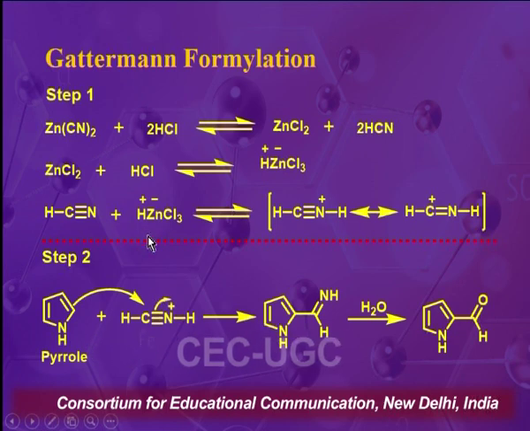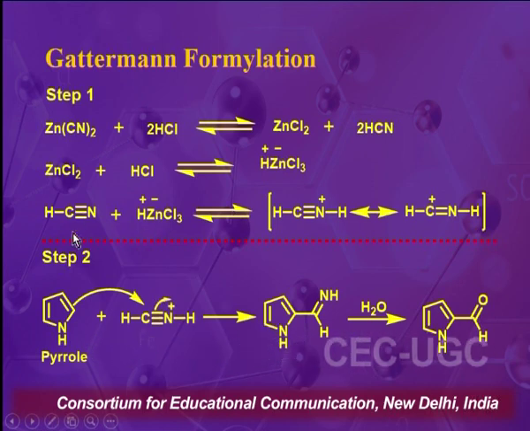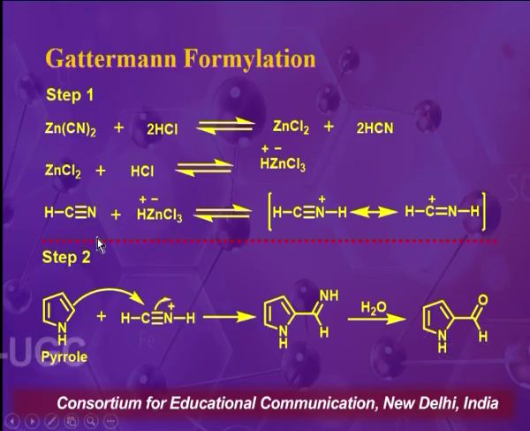Further, this complex will react with hydrogen cyanide, and in this case the nitrogen of hydrogen cyanide will get protonated, and we will have an iminium cation like system, and this iminium cation like system is electrophilic in nature.